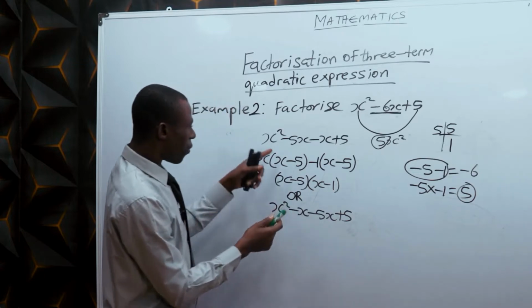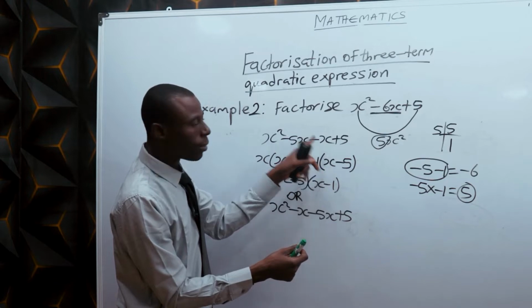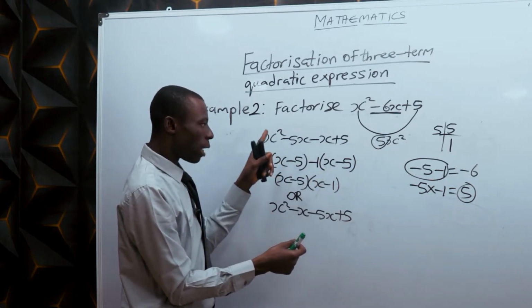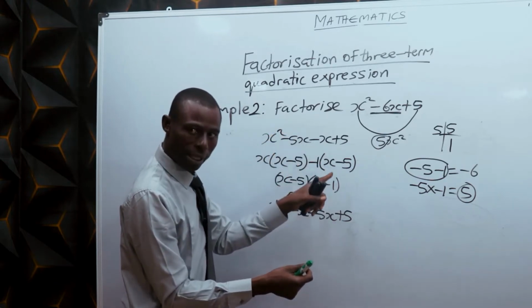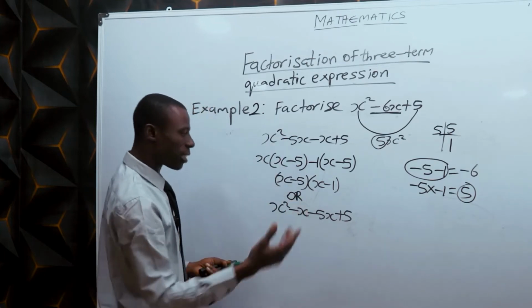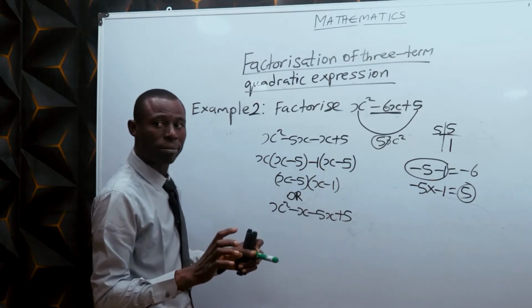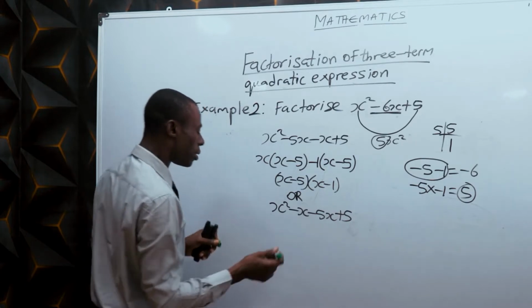In the first one, I pick minus 5 before minus 1, so I use minus 5x before minus x. In this one, I use minus x before minus 5x. Let's see what our answer will look like. The arrangement will not be the same, but we are going to have the same answer.